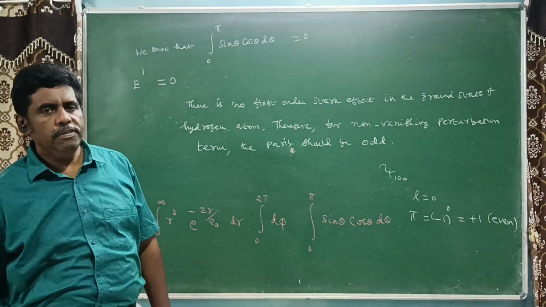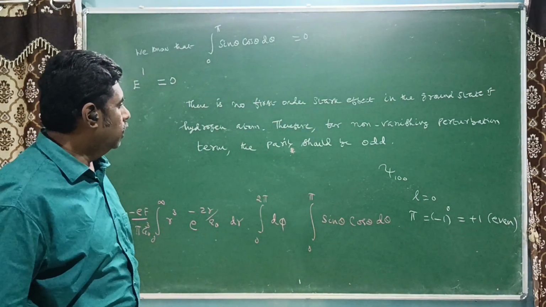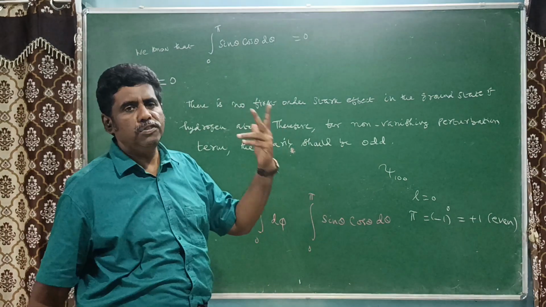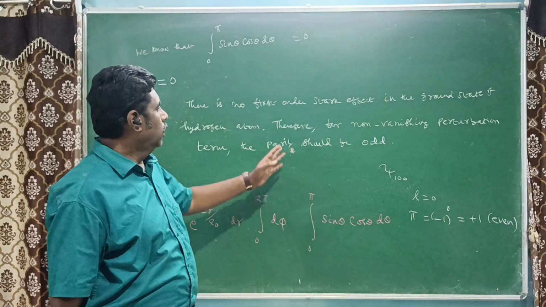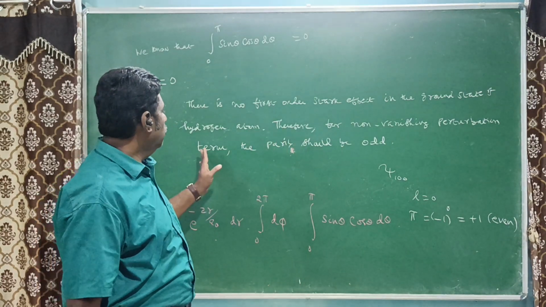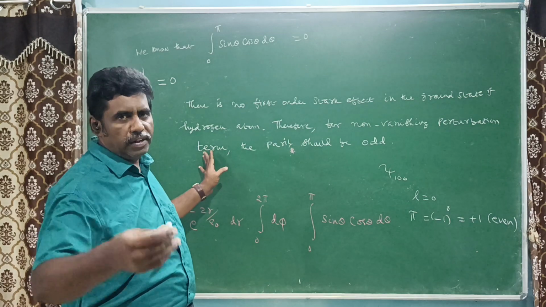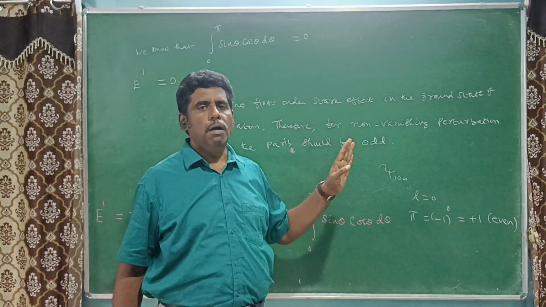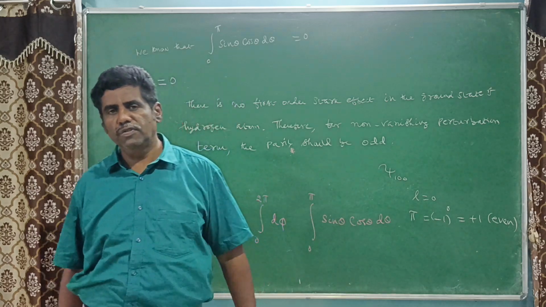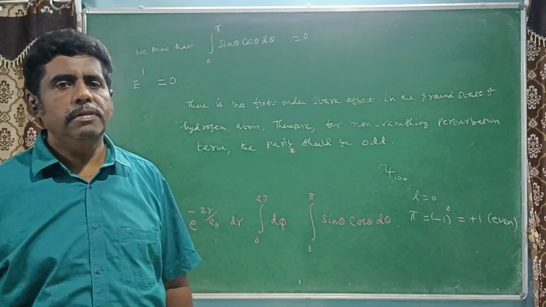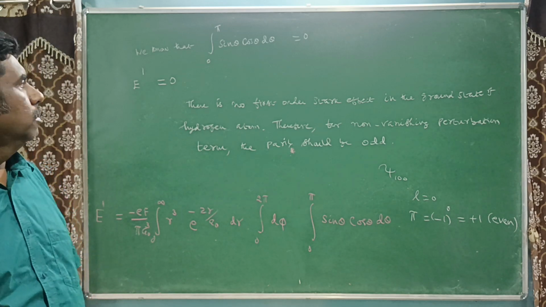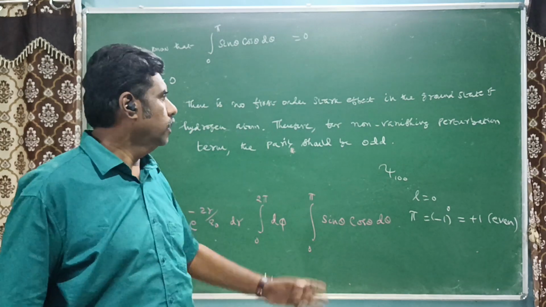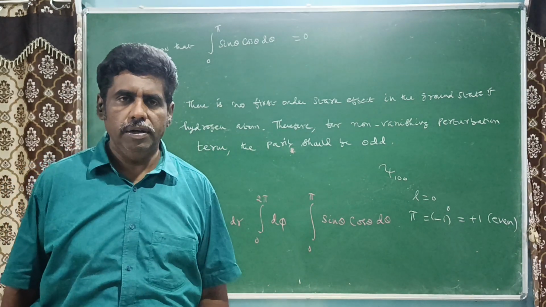If the parity is even, then the contribution corresponding to the wave function to the energy term is 0. Therefore, for a non-vanishing perturbation term, if you want to get the energy correction term, the parity should be odd. But in the case of ground state of hydrogen atom, the parity is even. Therefore, there is no first order Stark effect in the ground state of hydrogen atom.